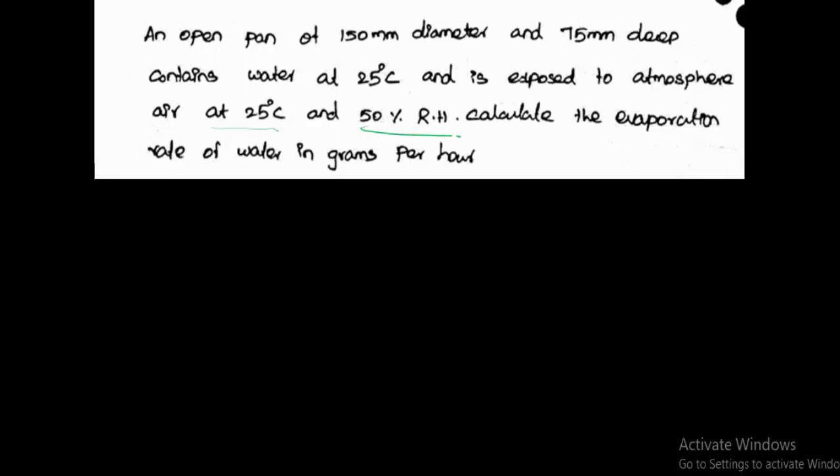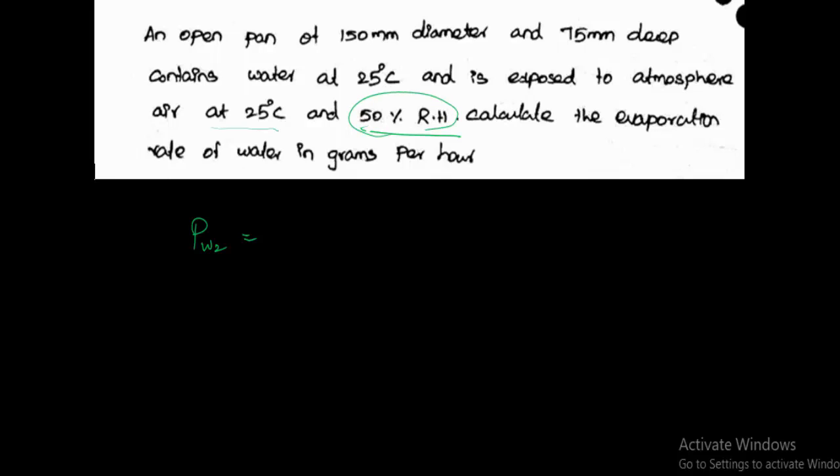In the last three problems, it is given that it is dry saturated air, so you took PW2, that is the pressure of water vapor, as 0. But here the air at the atmosphere contains some amount of water vapor, so that value is given as 50 percent relative humidity.